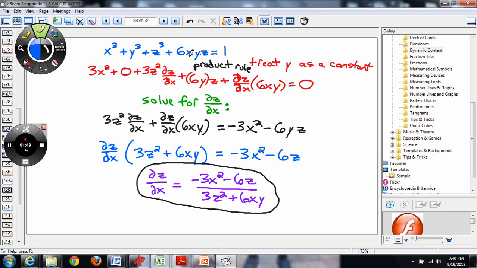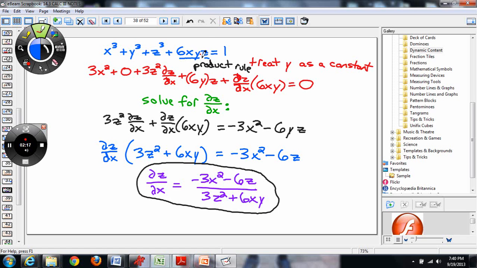Okay. This part here, we have to think of it as the product rule because it depends on how you want to split it up, but I split it up as 6y as one function and then z as its own separate function. And so you have to do the product rule. So I did derivative of the first function would be 6y, because it would be the 6 and the y would be like the constant in front of the x.